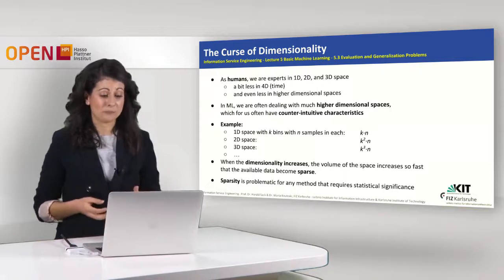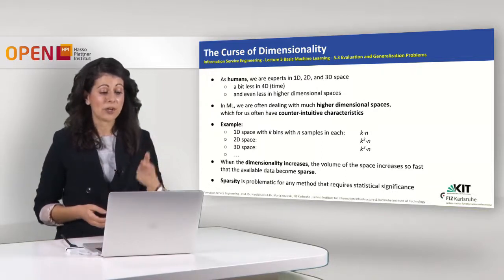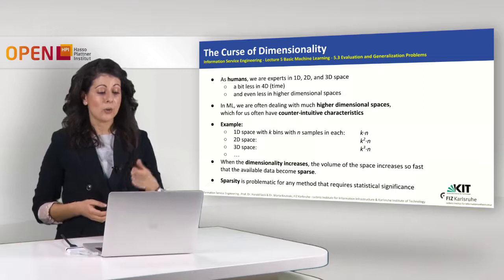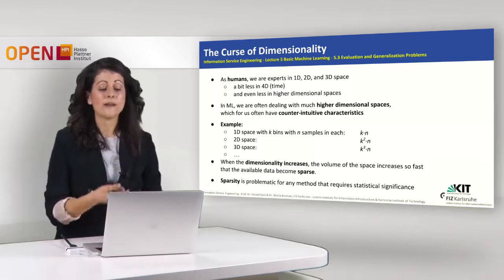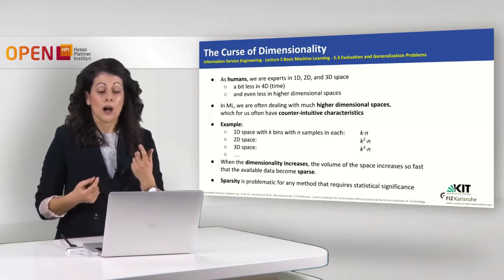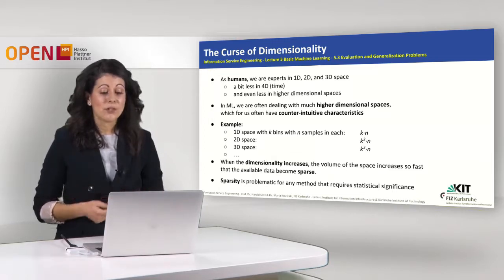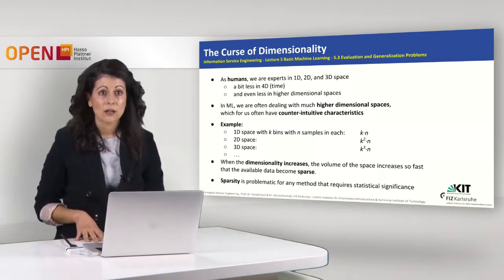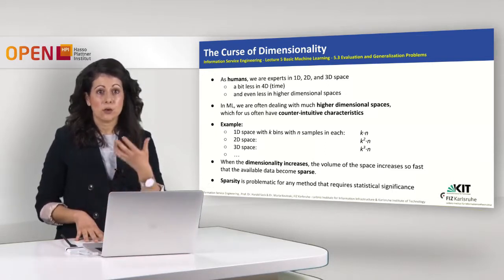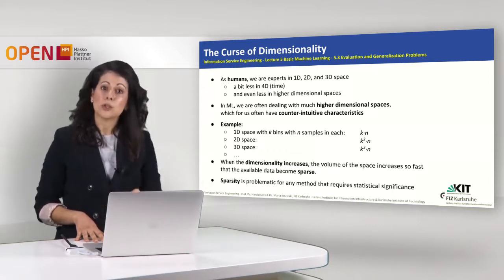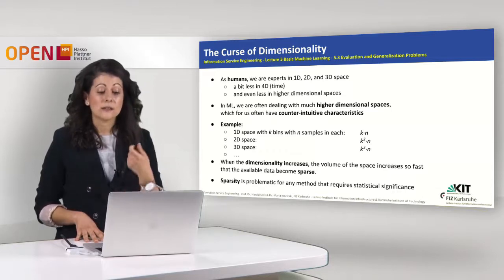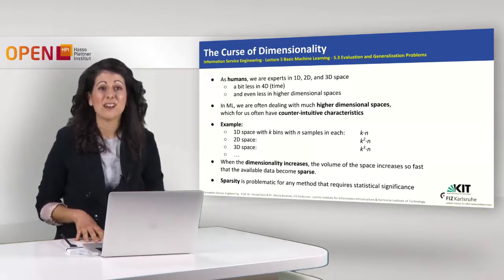And let's see why. For example, if we have a 1-dimensional space with k bins and we want to categorize the n samples in those k bins, which means that here we have only one feature, then we have to do it k times n. In 2-dimensional space, or 2 features, that would be k to the power of 2 times n. In 3-dimensional space it is k to the power of 3 times n, and so on and so forth.